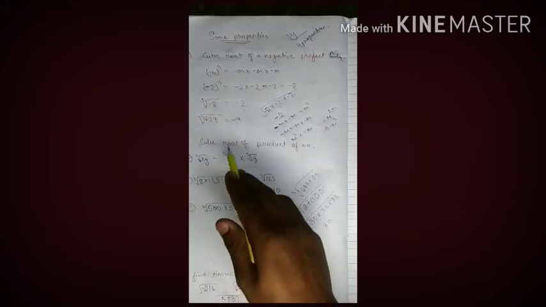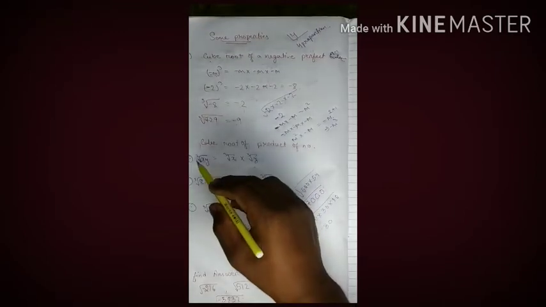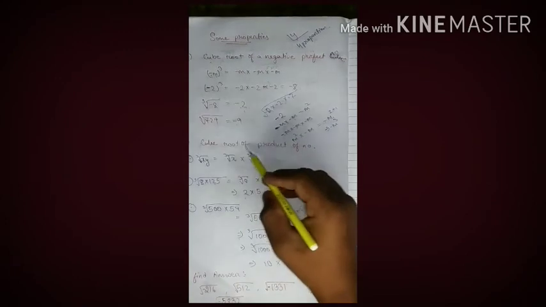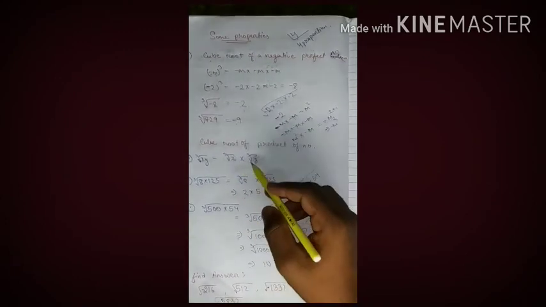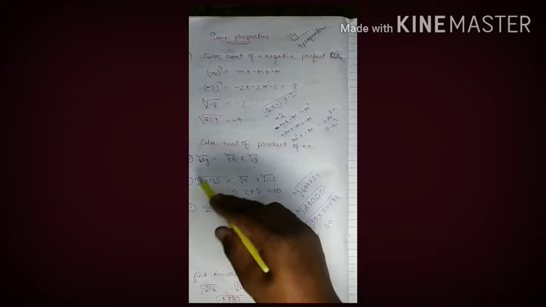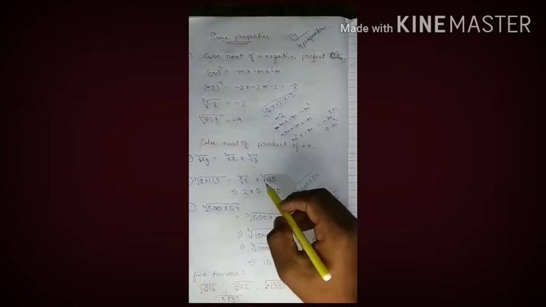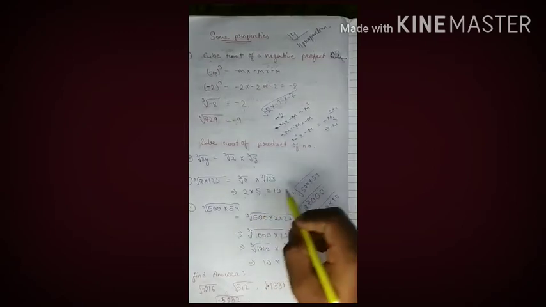Second property, cube root of a product of numbers. See here, cube root of xy, we will separate it: cube root of x times cube root of y. Here you see, cube root of 8 into 125: cube root of 8 into cube root of 125, 2 into 5 is 10.